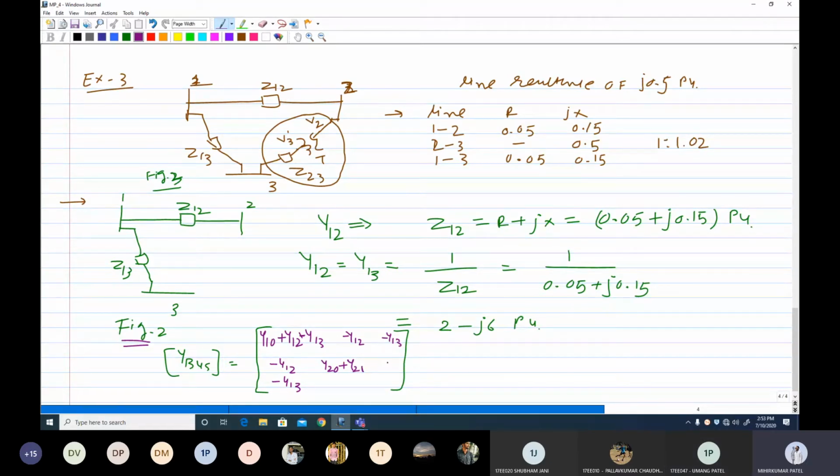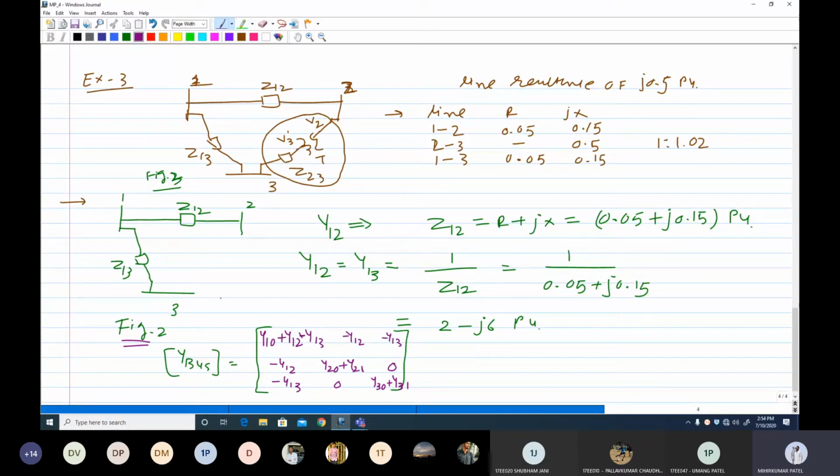Then the third element, 2 3. What is the value of Y23? 0. Yes. Very good. There is no connection between 2 and 3. Similarly here 0, and Y33 is equal to Y30 plus Y13, or Y31 you can write it.